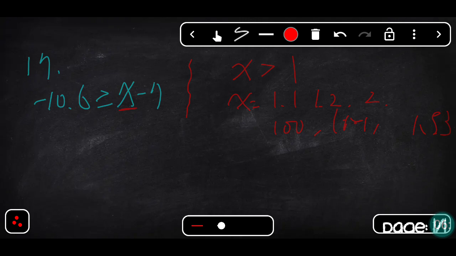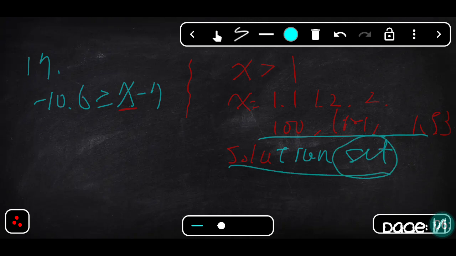It can be a group of numbers. So in this condition, we cannot find exactly one answer. We can find a group of answers. So in this condition, we call it a solution set. Okay, it's a set. It's a group.